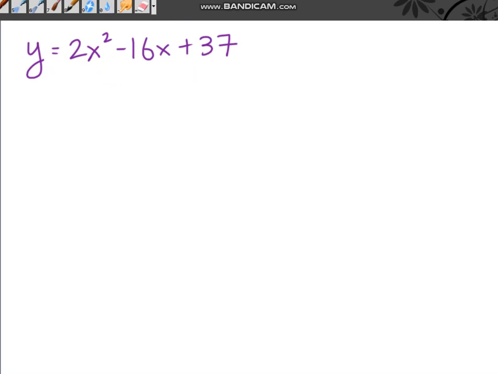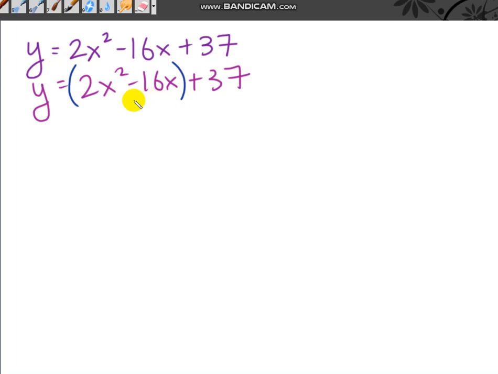Okay, so just to help you out, what I showed you in the first video, you want to group certain expressions together. So what I see here is I can group these expressions right here. We can pull out a 2.